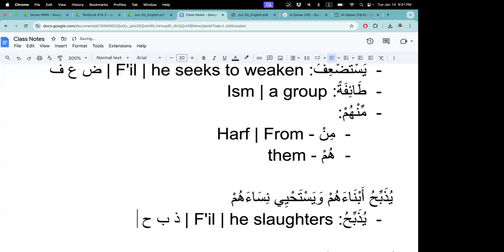From that, can you tell me a word? Maybe you know a word that comes from there. Dhabiha. Yes, right. Dhabiha halal. Because the halal that has been slaughtered. Yes, the animal has been slaughtered, not the person. The animal has been sacrificed, slaughtered. That's called dhabiha from the same root.